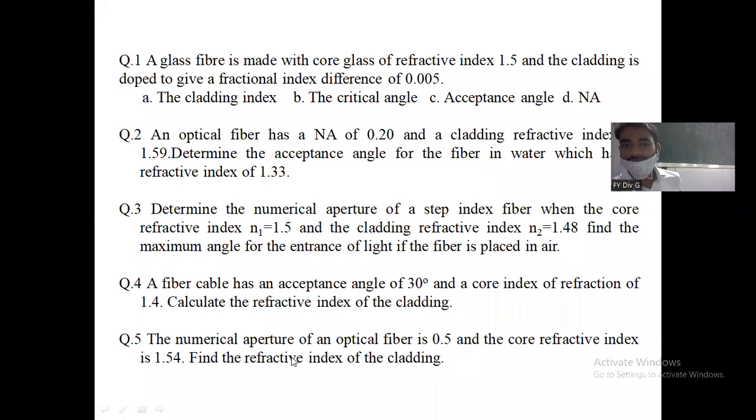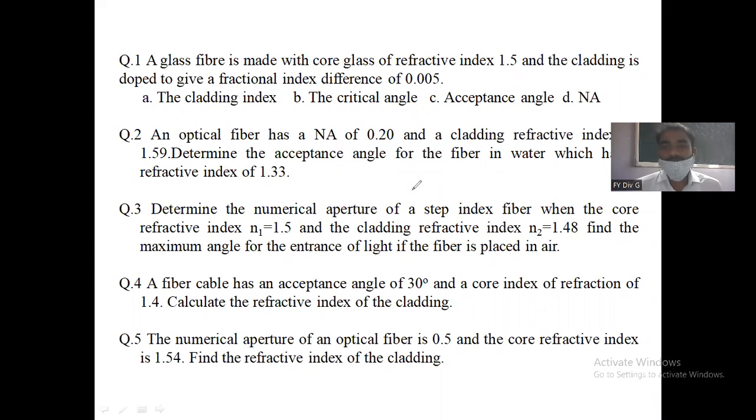We have one refractive index of that core region. That is N1 or N2? N1. So you can write N1 is equal to 1.5. Right? So this is the first given value.